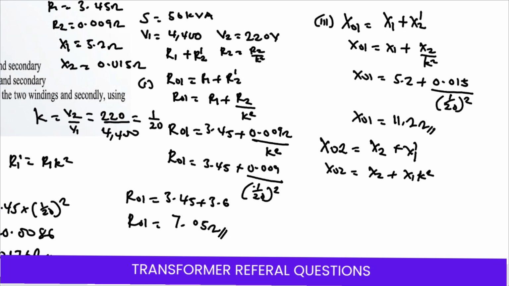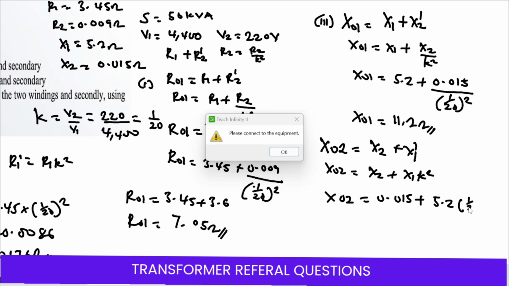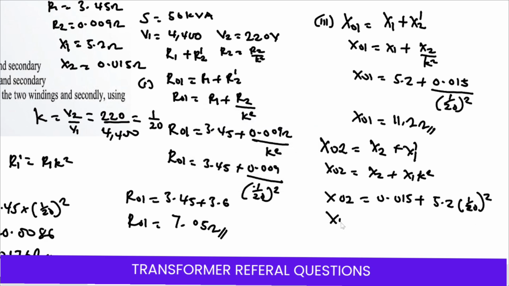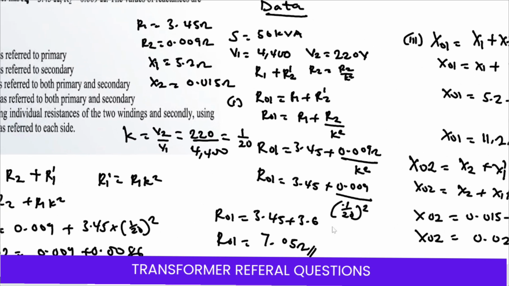X02 is equal to 0.015 plus 5.2 multiplied by K squared, where the value of K here is 1 over 20, all squared. It means that our X02 will be equal to 0.028 ohms.